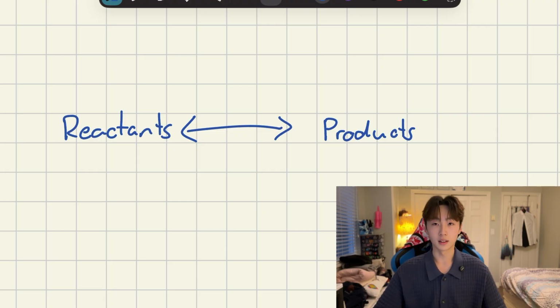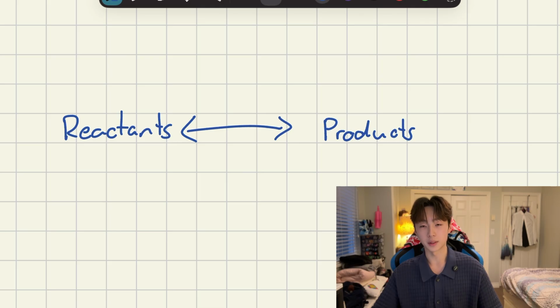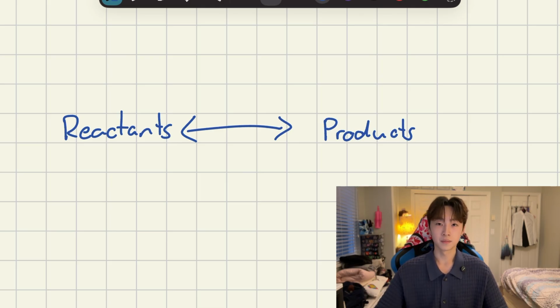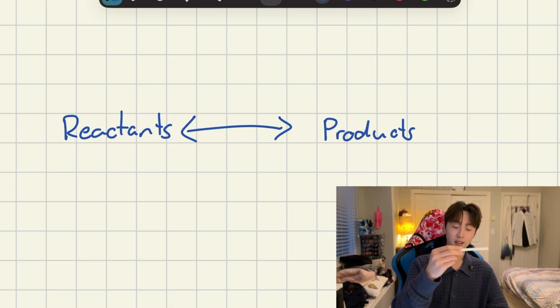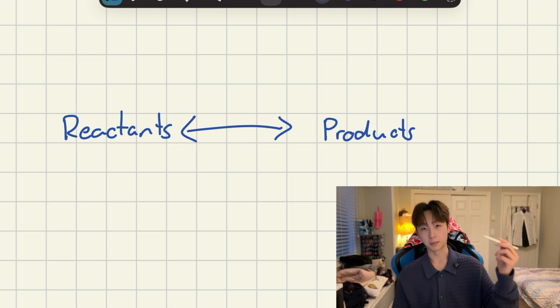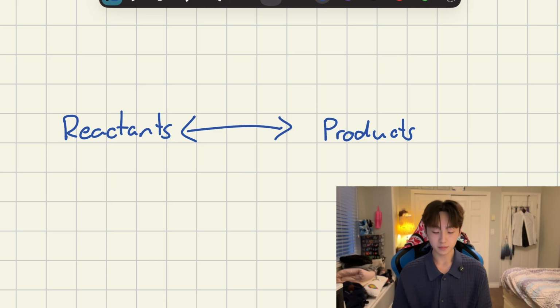When a chemical reaction is in equilibrium, both the reactants and products are favored. The important part is that the rate of the forward reaction is equal to the rate of the reverse reaction. So the products are being made at the same rate as the products are going back into reactants.